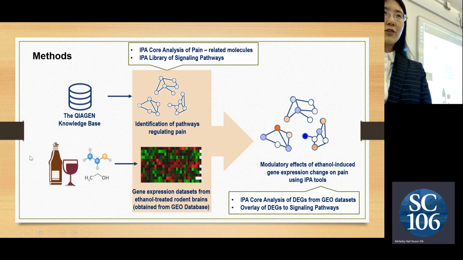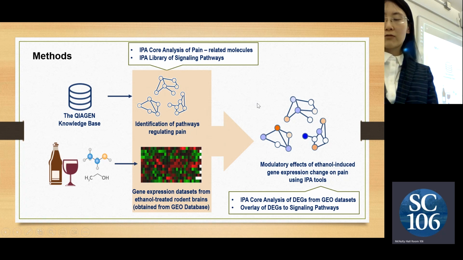Then ethanol's effects will be studied using gene expression datasets retrieved from GEO, the Gene Expression Omnibus. By applying this ethanol-induced gene expression to the identified pain regulation networks, we can identify the possible effects of ethanol on pain perception.